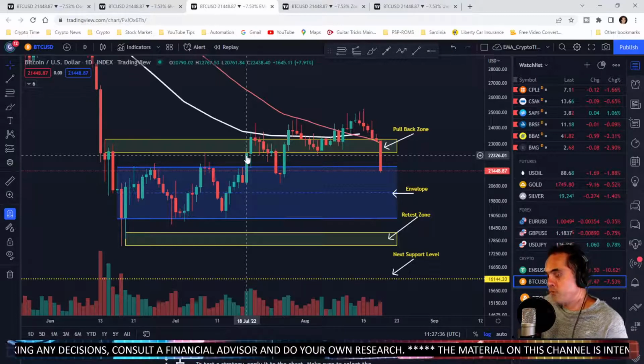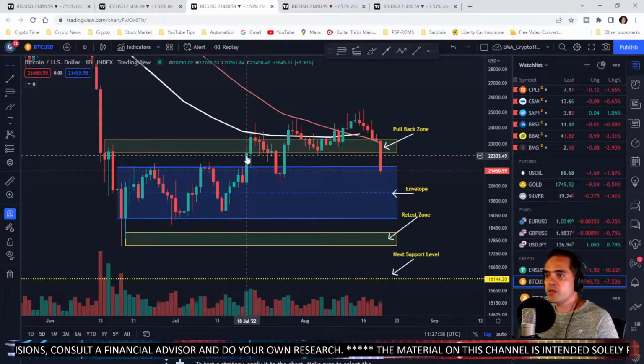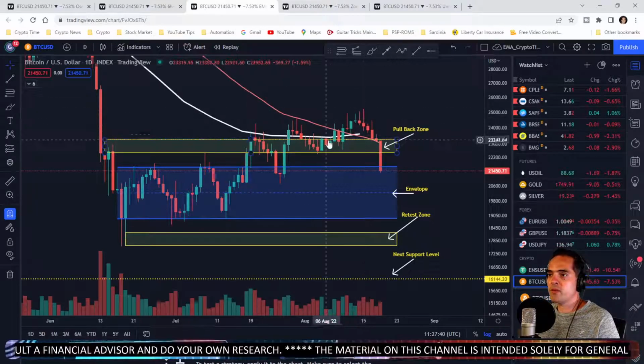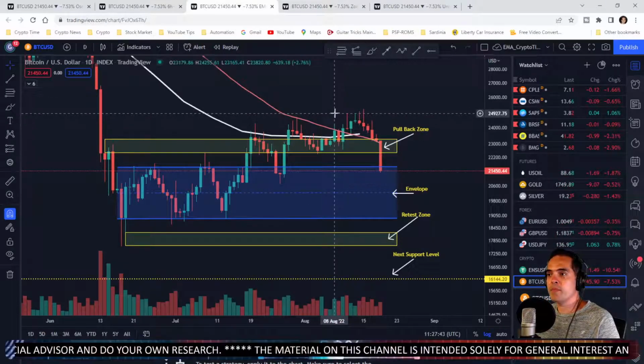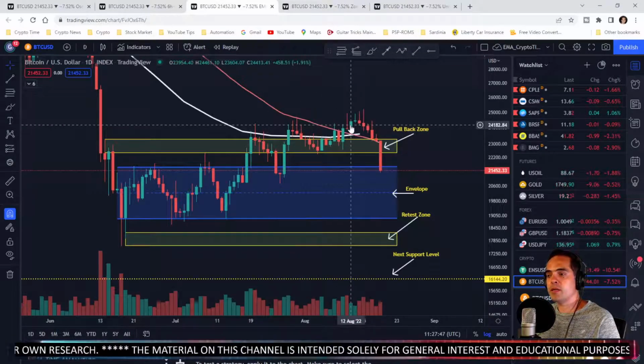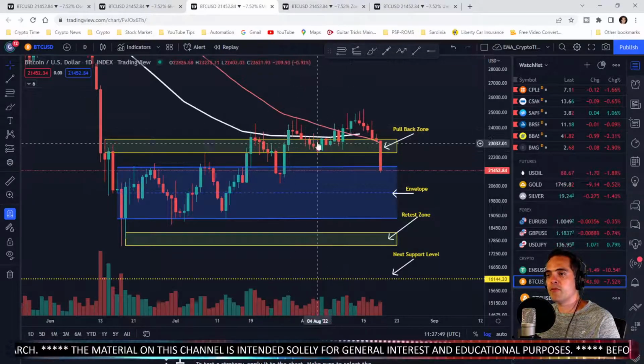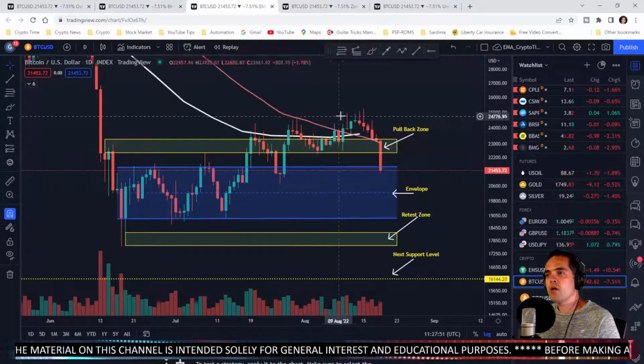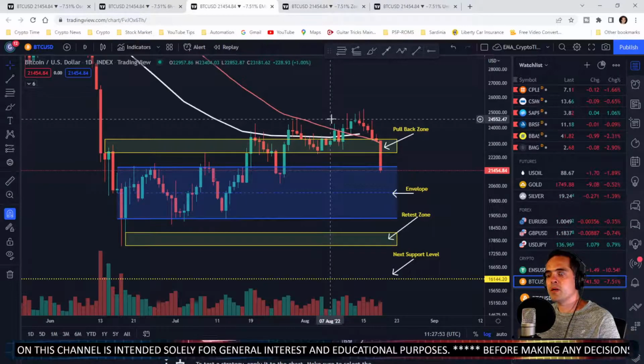All right. And of course, it's a zone, so we have the price going up here a little bit, but this is the first pullback zone. We have another one right up here as well.